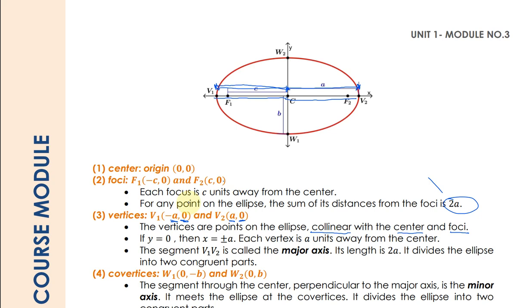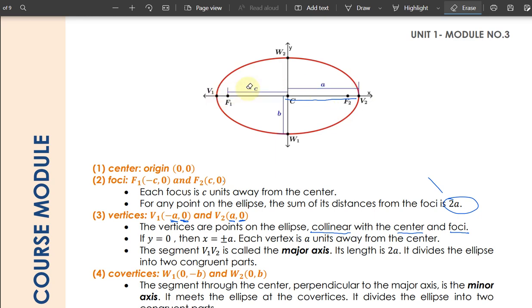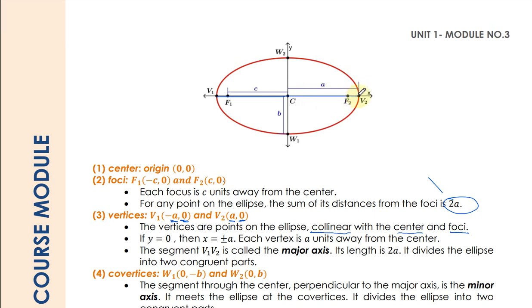And the segment V1 V2 is called the major axis. The distance from V1 to V2, this is what we call the major axis. So what is its length? Since this is equal to a, and this is also equal to a, if you add a plus a, that is equal to 2a.